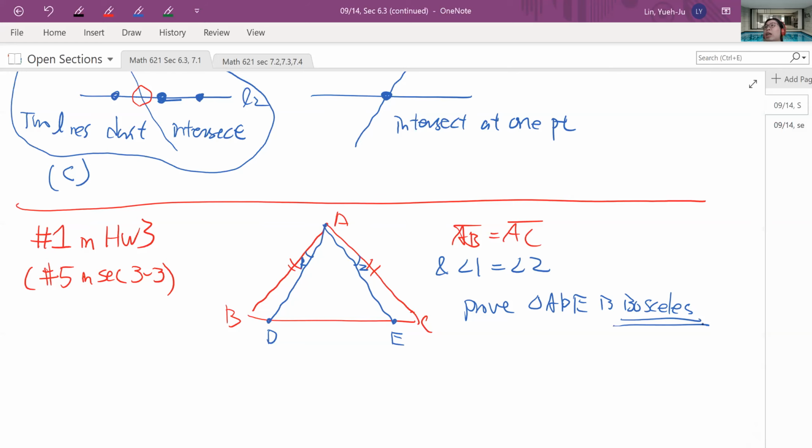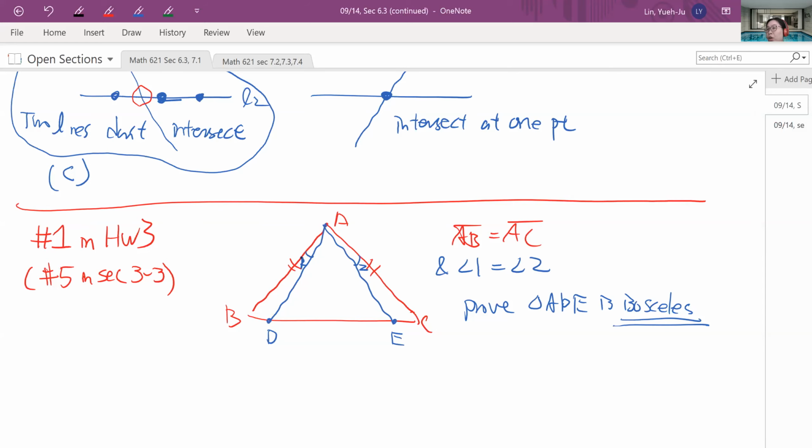I mention this first because several of you tried to prove extra. Once you get to the point where you prove AD equals AE, then that's done, because you already proved that this triangle has a pair of equal sides. Some people want to do more by proving the base angles are equal.